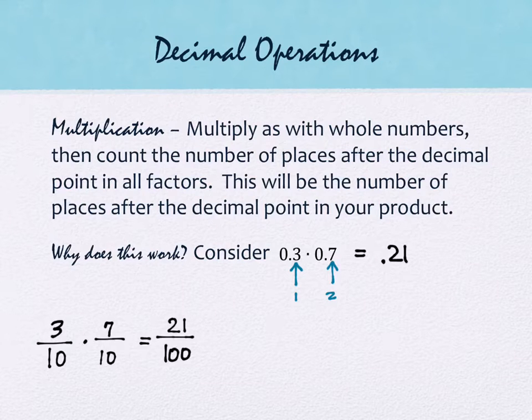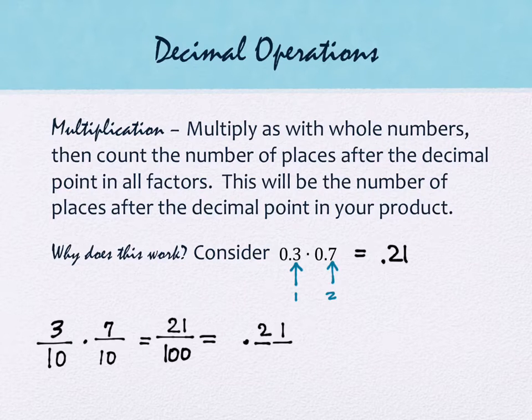Well, I need to be landing in the hundredths place. So the hundredths place is 2 places after the decimal point, and there's my 21. So it does go back to place value, but the justification is just a little bit different. And it has to do, again, with multiplying instead of with lining the decimal points up.